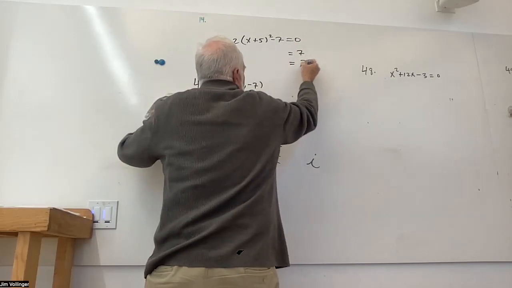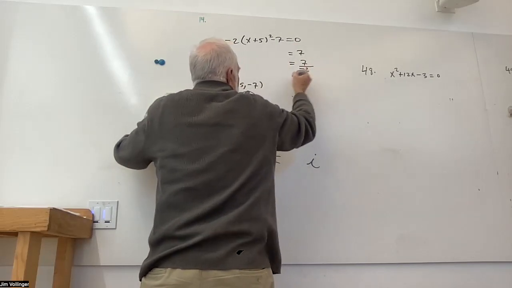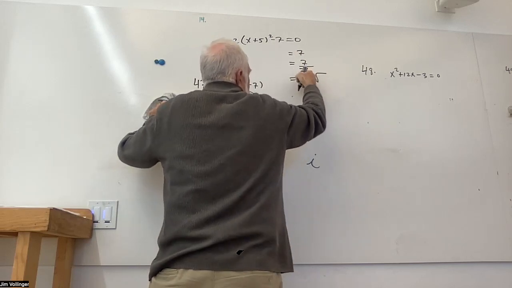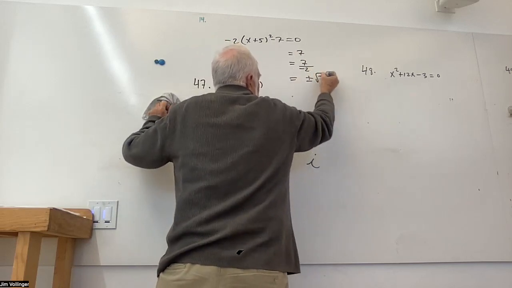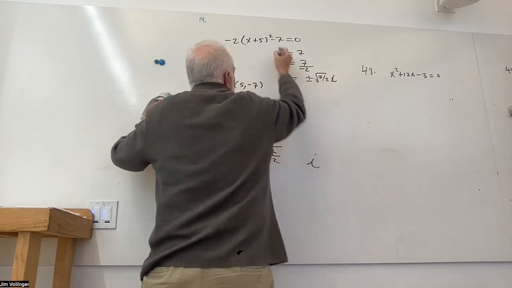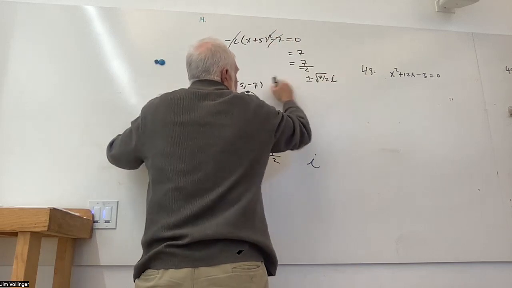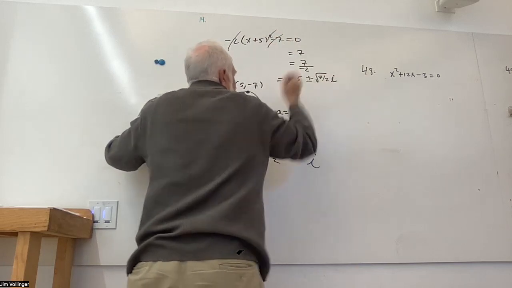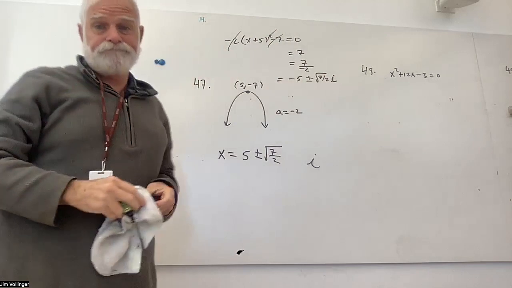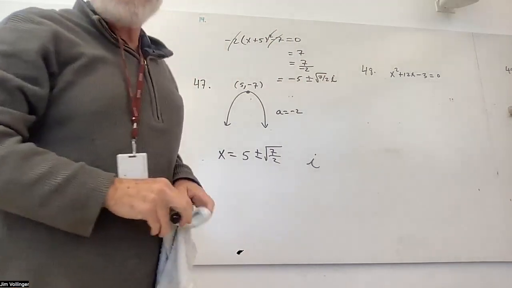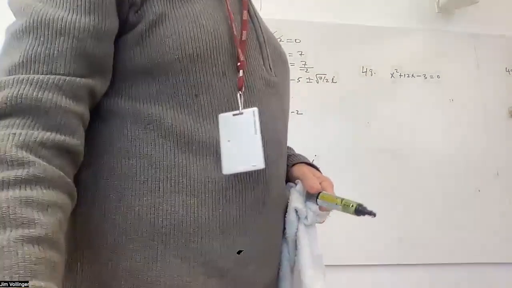Multiplication by -2 becomes division by -2. Squaring becomes plus minus, square rooting, and the square root of a negative is an imaginary square root. That's why we have 7 halves. Takes care of that, takes care of that, takes care of that. Addition of 5 becomes subtraction of 5. Once you know what you're doing, pretty quick and easy.